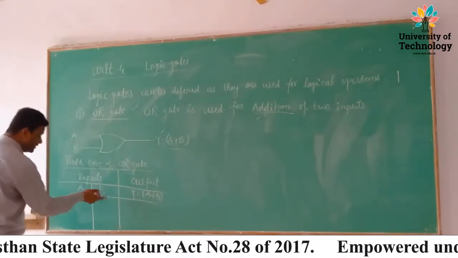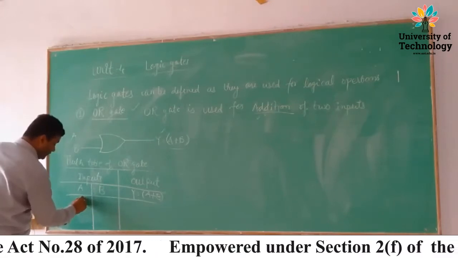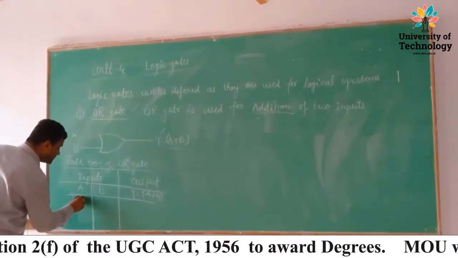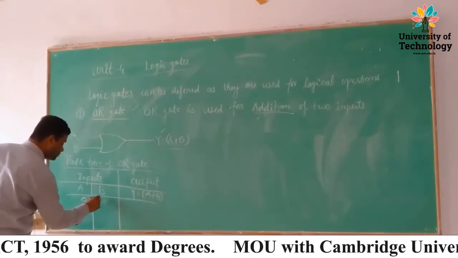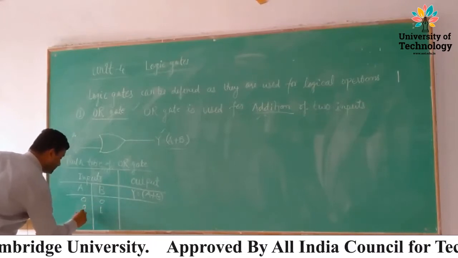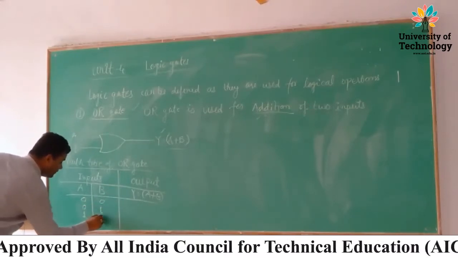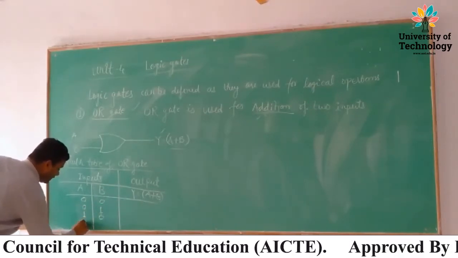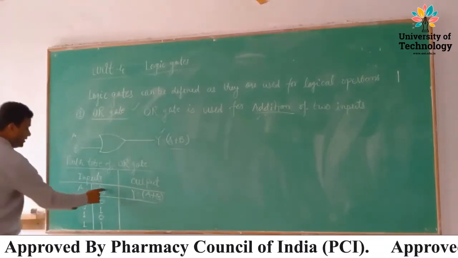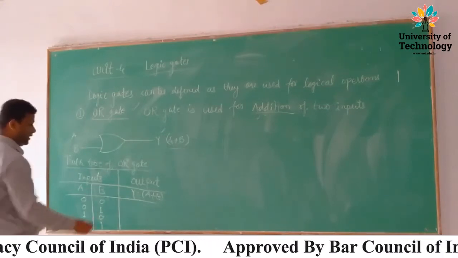Here we can consider inputs. Suppose A is 0, B is 0, A is 0, B is 1, A is 1, B is 0, last 1, 1 means A equal to 1 and B equal to 1.